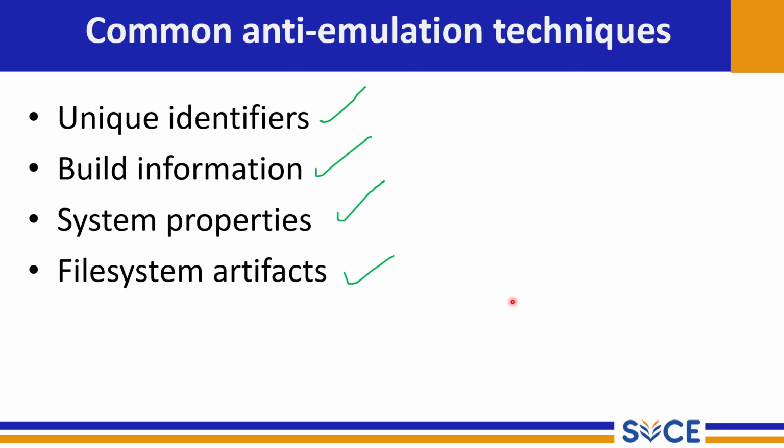Instruction time discrepancies: some techniques measure the precise timing of specific CPU instructions. In an emulated environment, these instructions may take a different amount of time to execute due to the overhead of binary translation.